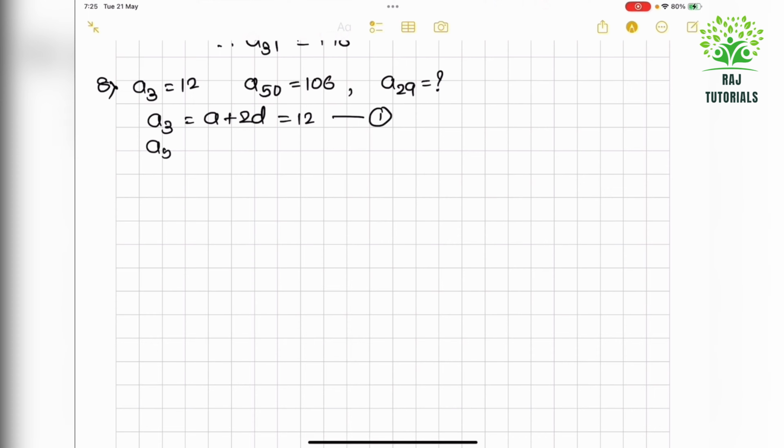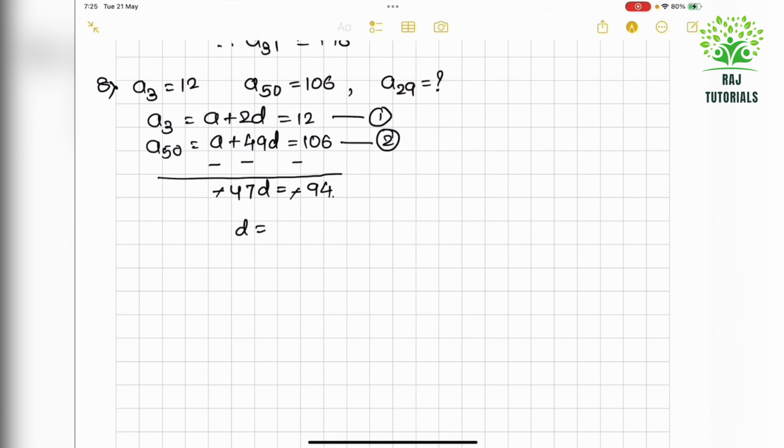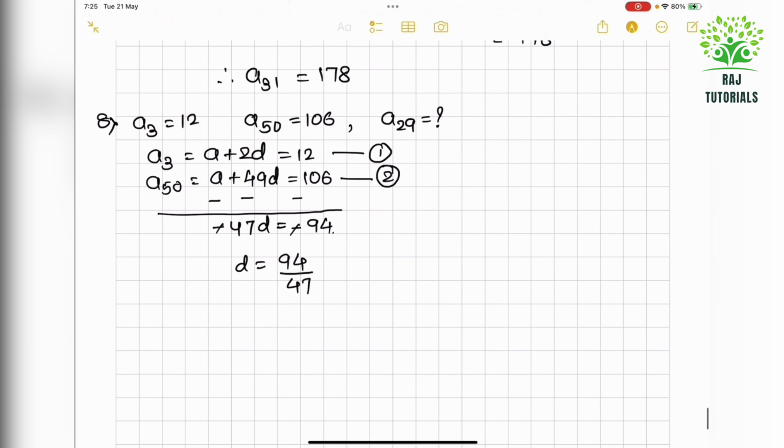And A50 means A plus 49D, that is 106, equation 2. Now subtracting them, minus 47D will be equal to minus 94. So minus minus cancel, D equals 94 by 47. So therefore D equals 2.